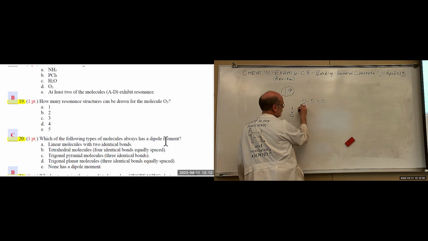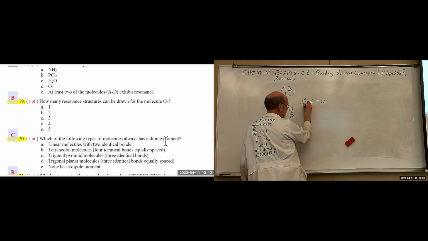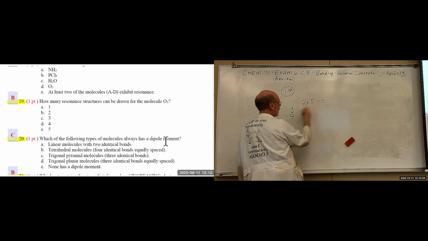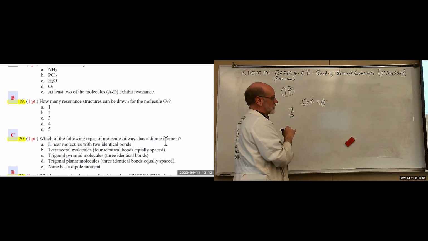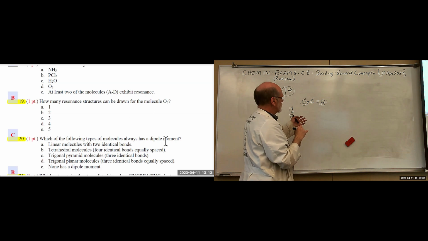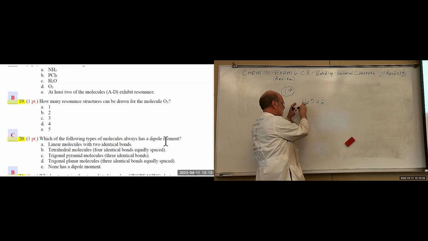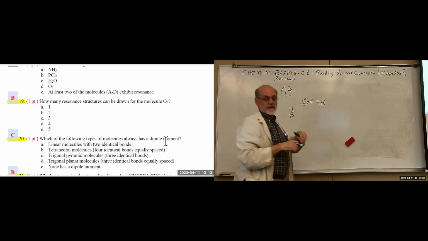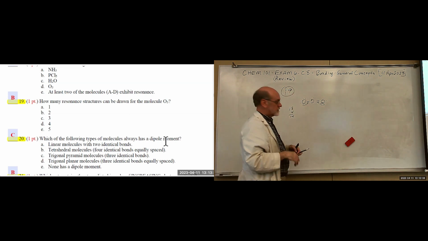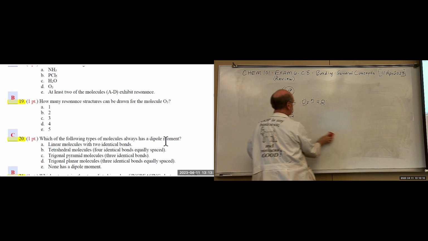So we can either do it like this, right? Or we can do it like this. So there are two resonance structures. The double bond can form on this side or it can form on this side. So there are only 2 resonance structures that are available for ozone.